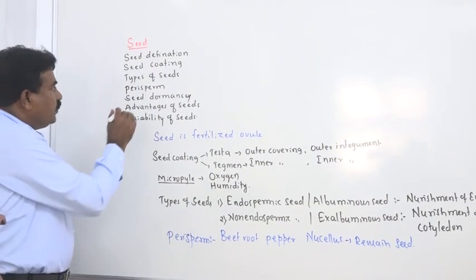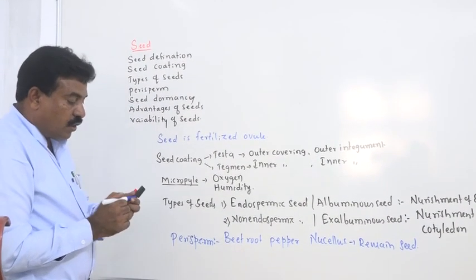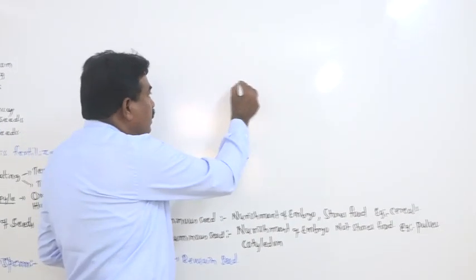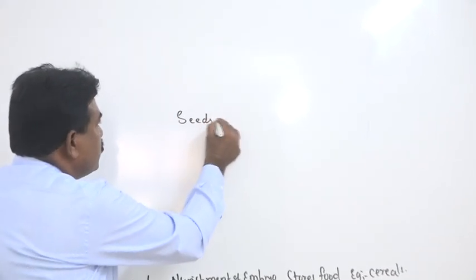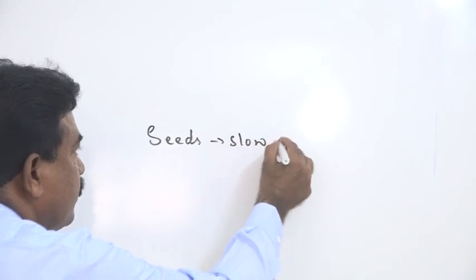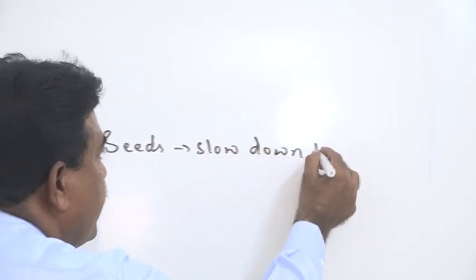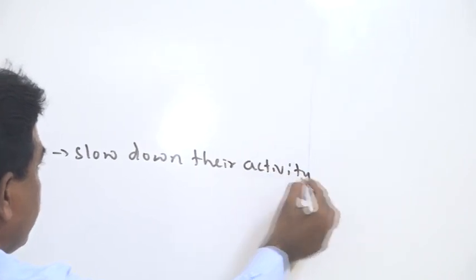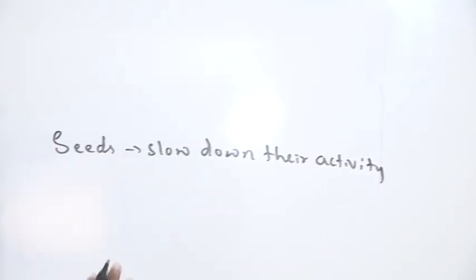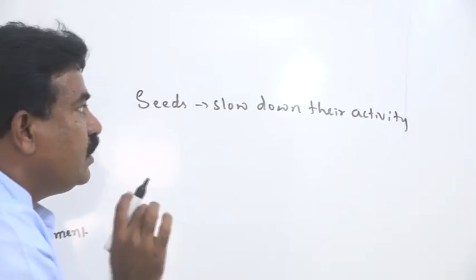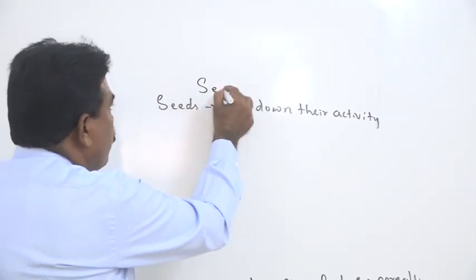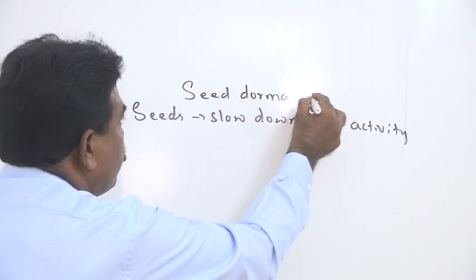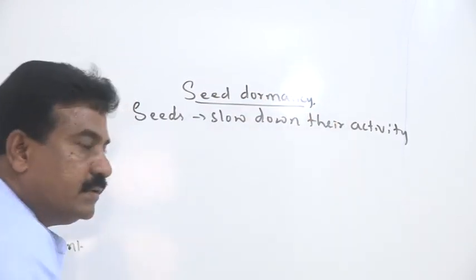Then, if you consider seed dormancy, once seeds are formed, the seeds slow down their activity. It means they do not stop their activity. In seed dormancy, what happens? They do not become inactive or dead.